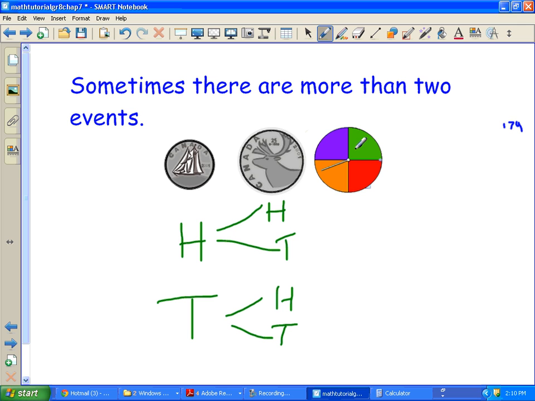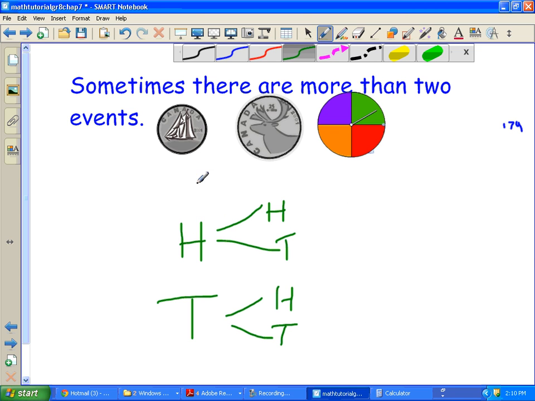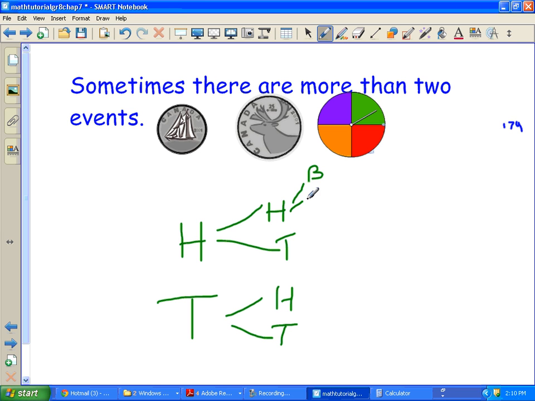let's say I have a spinner, and this spinner has four possible outcomes. So I've got the dime's outcomes, then the quarter's, and now I have to do the spinner. Let's say I get a head the first time and a head the second time. Out of these four sections on the spinner, my four possible outcomes are blue, green, red, or orange.